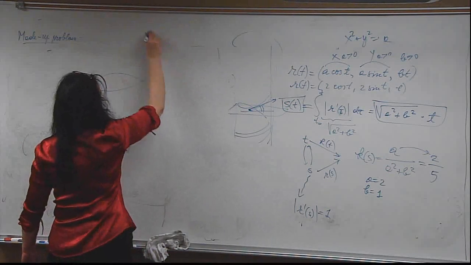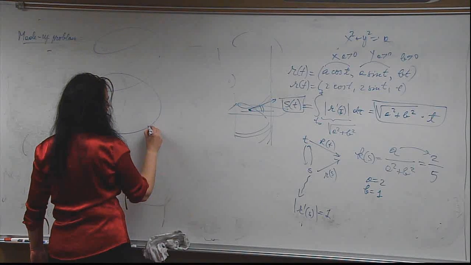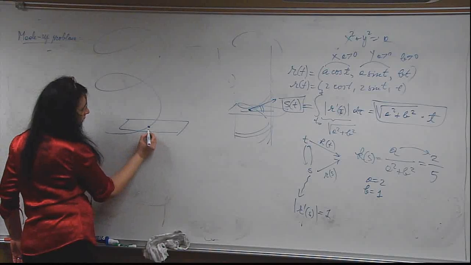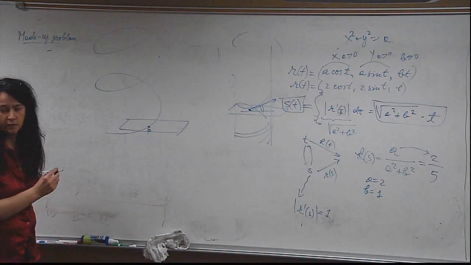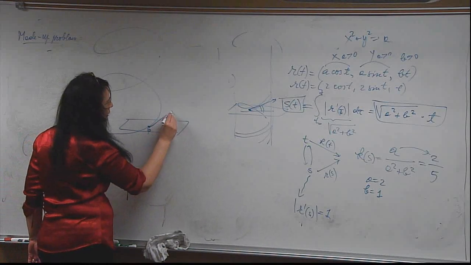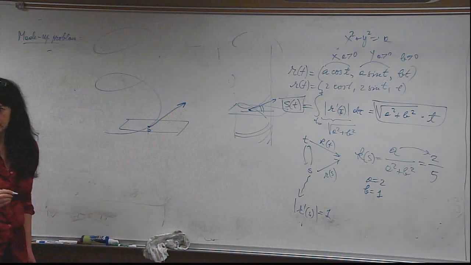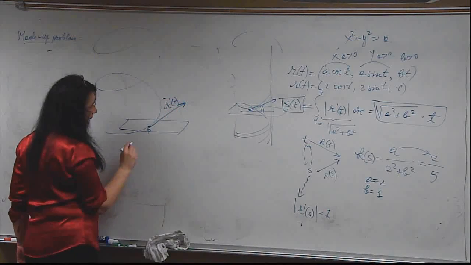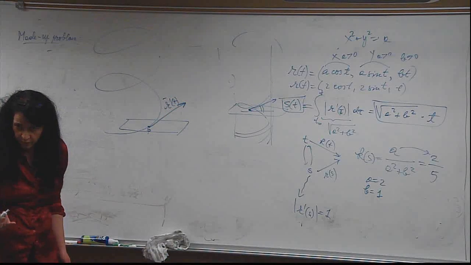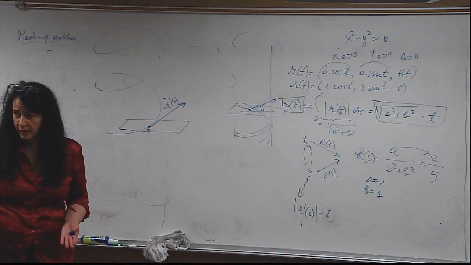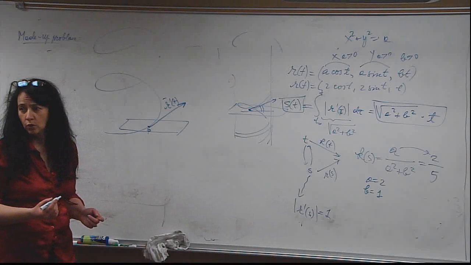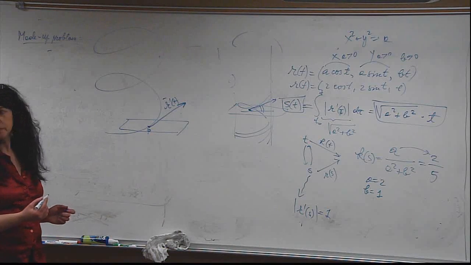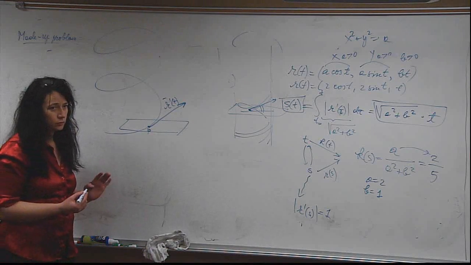The helix contains this point, and I'm looking at the velocity vector that is tangent to the helix, and I'll call that r prime. How am I going to compute that angle? Well, it's a function of b. It will be, but we have to do it rigorously.